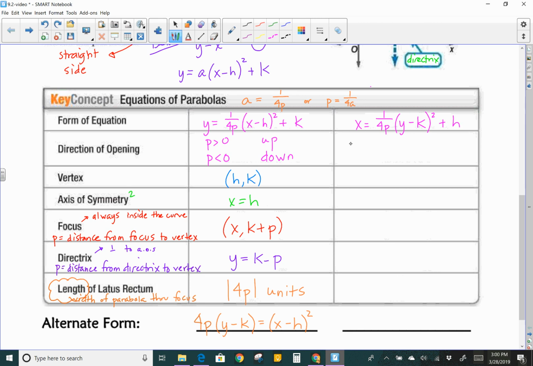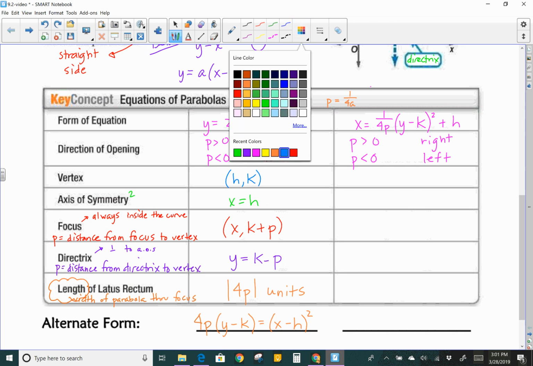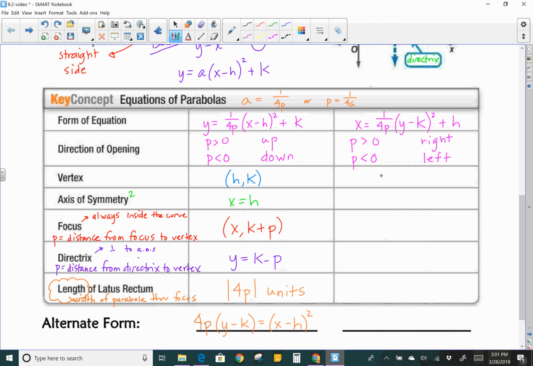Okay, and in this case, if p is greater than 0, it doesn't open up, it actually opens to the right. And if p is less than 0, it's not going to open down, it's going to open to the left.